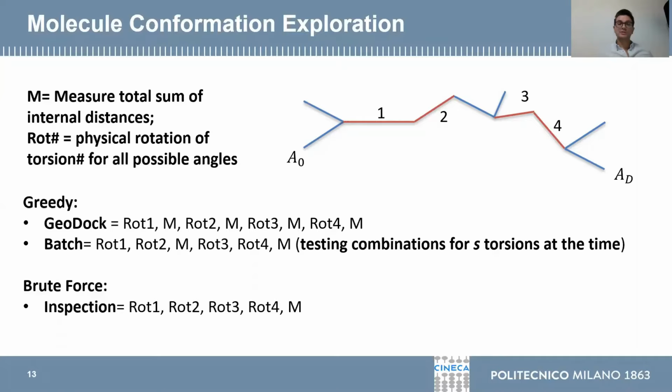Or we could do this in a batch way, which is testing combinations for S torsionals at a time. So we are testing all the possible combinations for the first rotatable bond and second rotatable bond. And once we find the best combination for the first 2 rotatable bonds that is maximizing the internal distance, we're going to the third and fourth one.